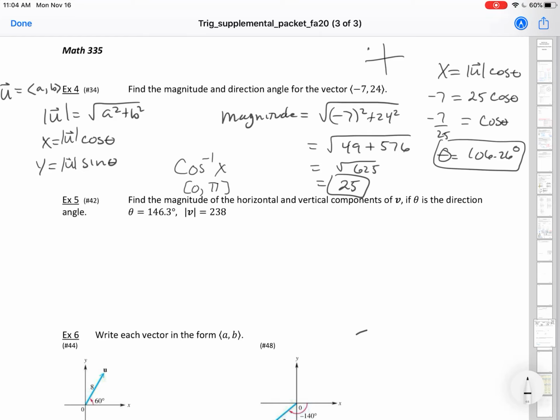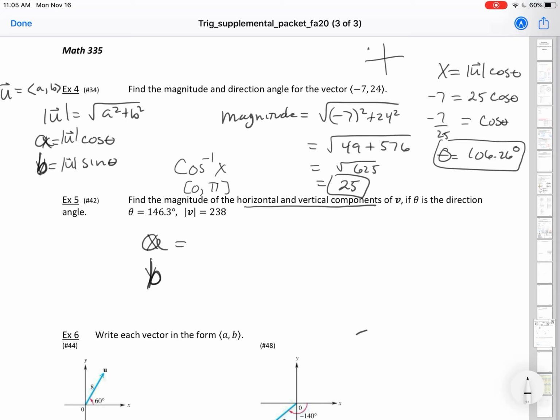I think they use the word magnitude inappropriately there, but they're looking for the x and the y, or the A and B, as the case may be. So I'll call them A and B.